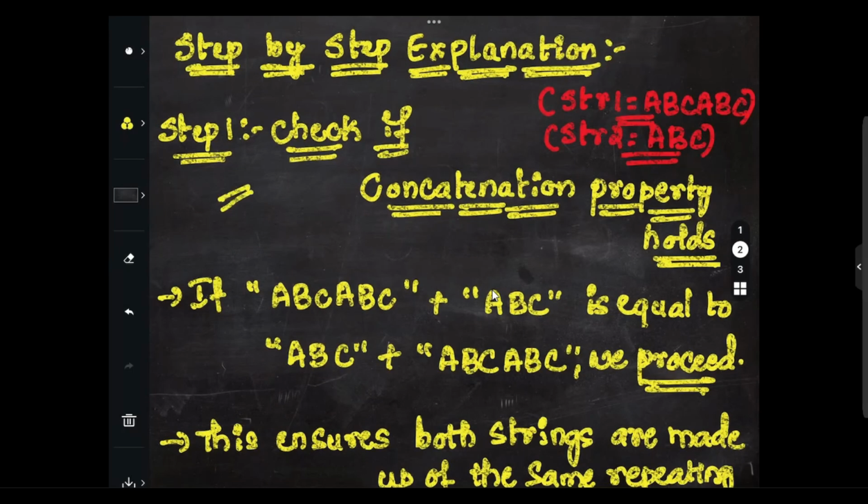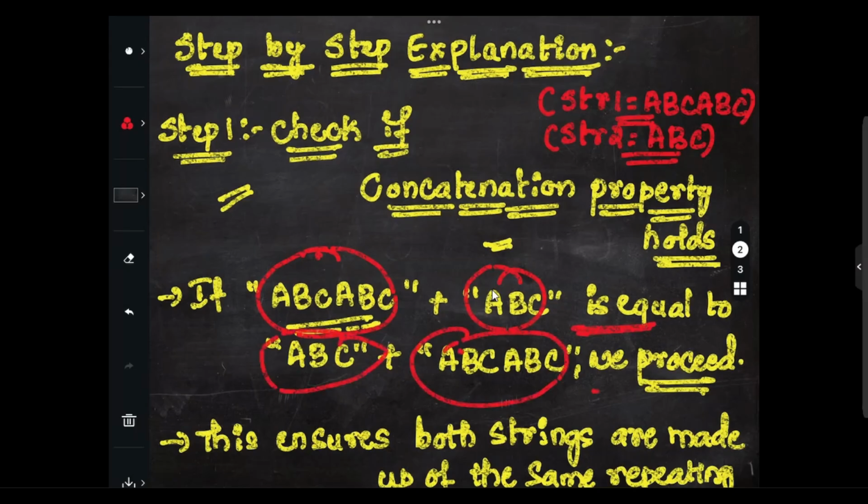The first step is to check whether the concatenation property holds or not. Here, ABC plus ABC should be equal to ABC plus ABC, that is, str1 plus str2 should equal str2 plus str1. Only then will we proceed.